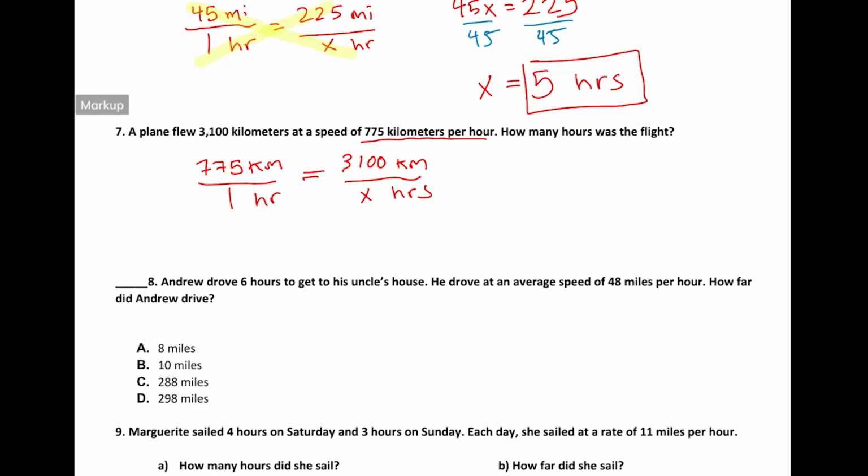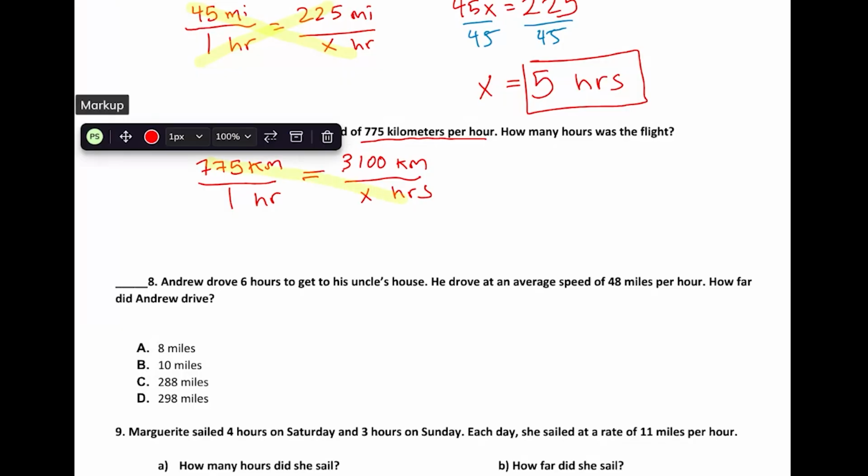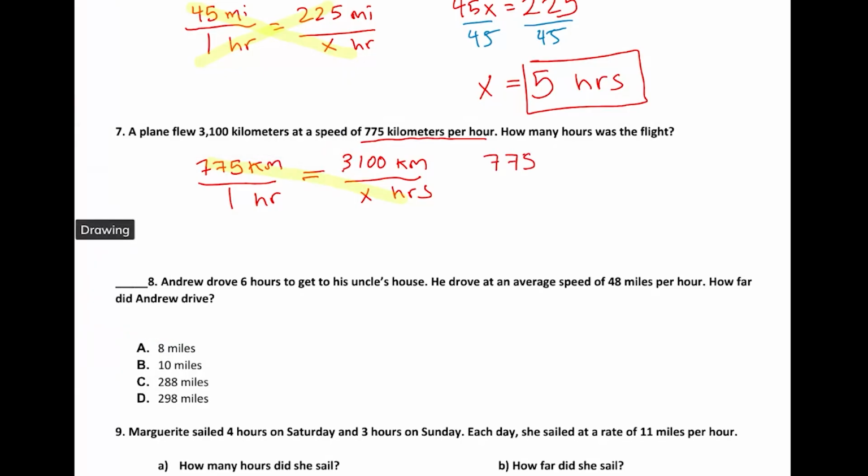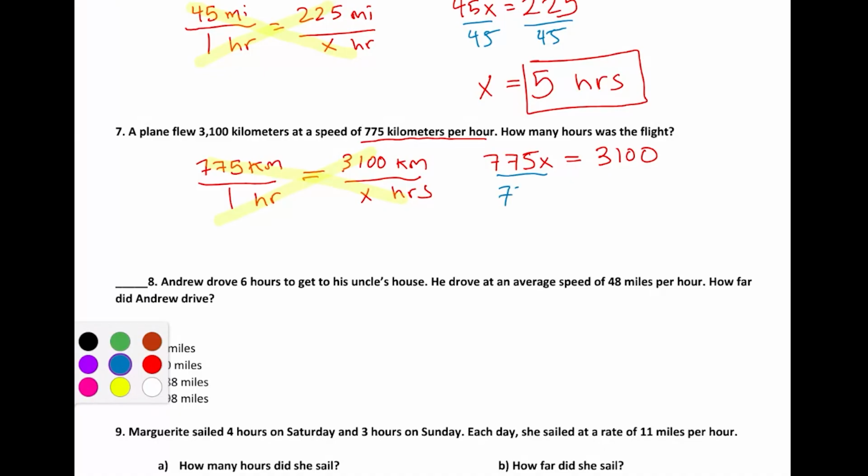Once again, we'll use that cross products property. 775 times x is equal to 3,100, just from this 3,100 times 1. We will divide both sides of this equation by 775 to get our answer.